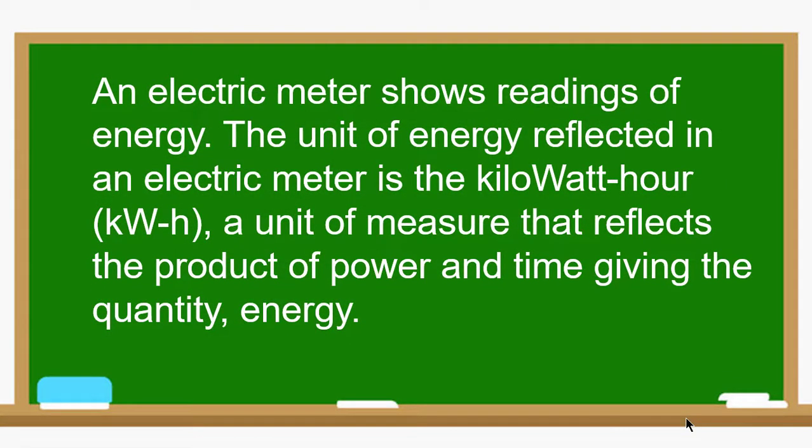An electric meter shows readings of energy. The unit of energy reflected in an electric meter is the kilowatt-hour, a unit of measure that reflects the product of power and time, giving the quantity energy.